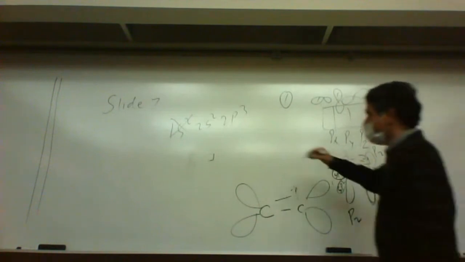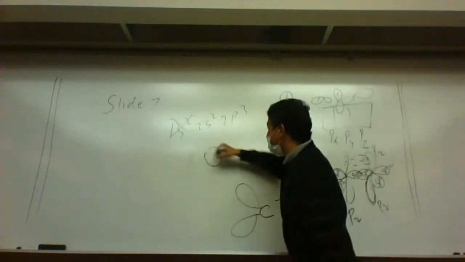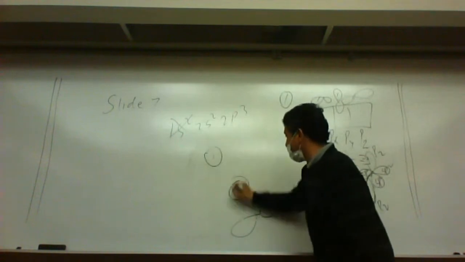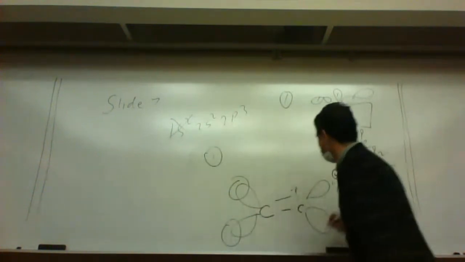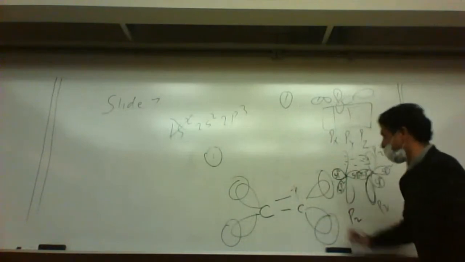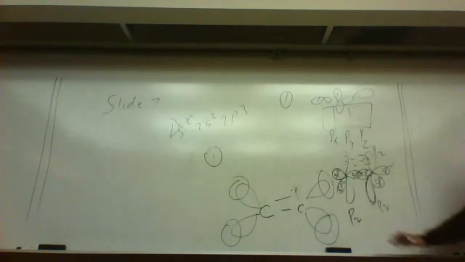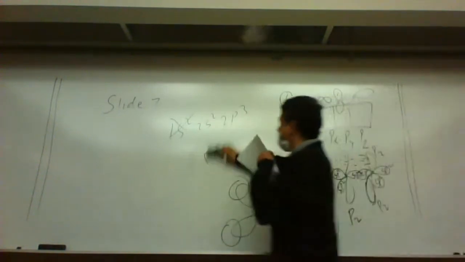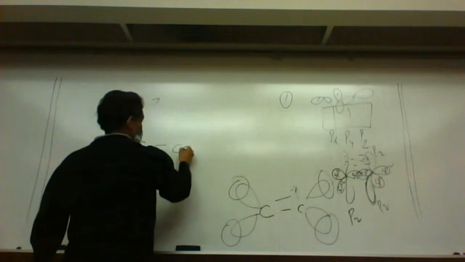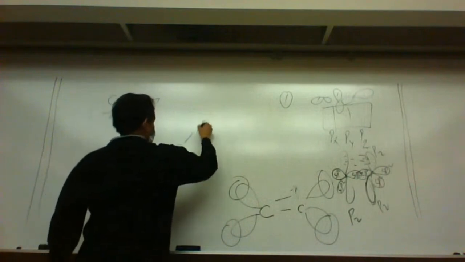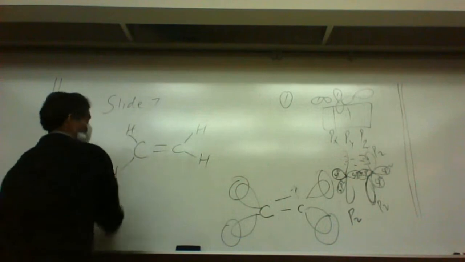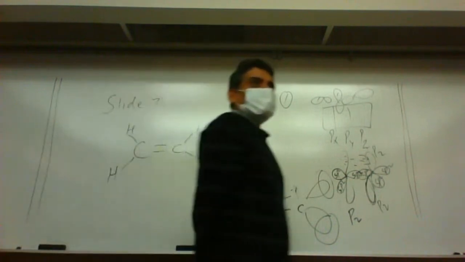And what happens is the hydrogen, if you have a hydrogen somewhere here, one s orbital of hydrogen comes in and overlaps here, another hydrogen comes in and overlaps here, and so on for all four. So this molecule is CH2CH2. So this comes like this, C double bond C, and then this is H, this is H, this is H, this is H. Make sense?